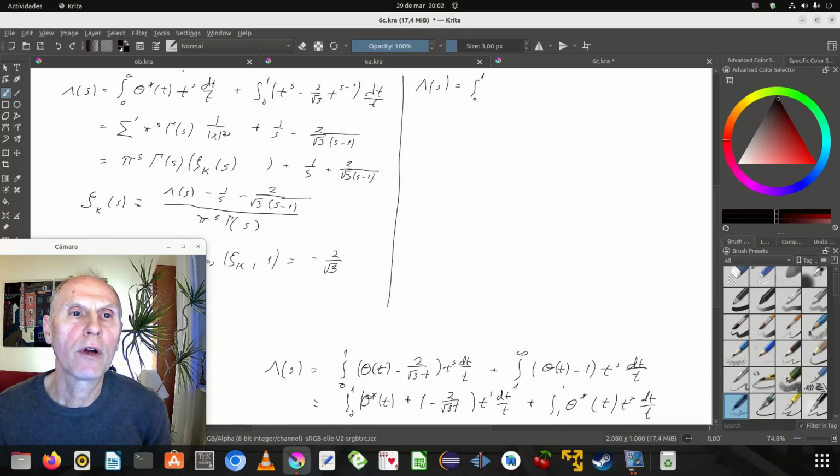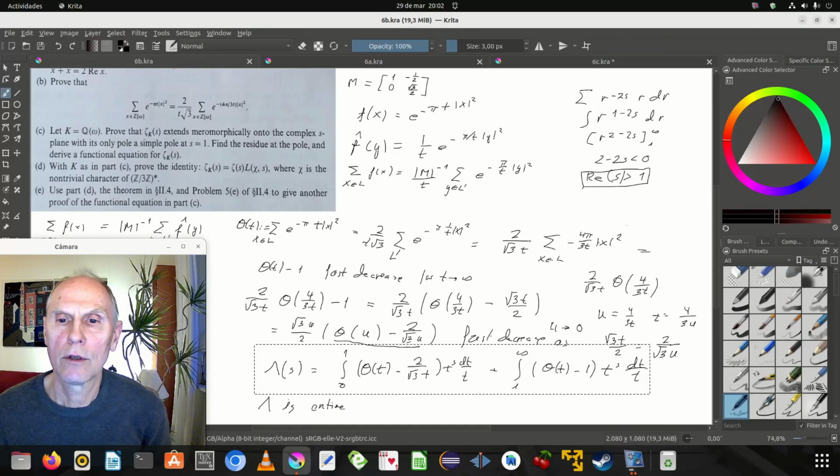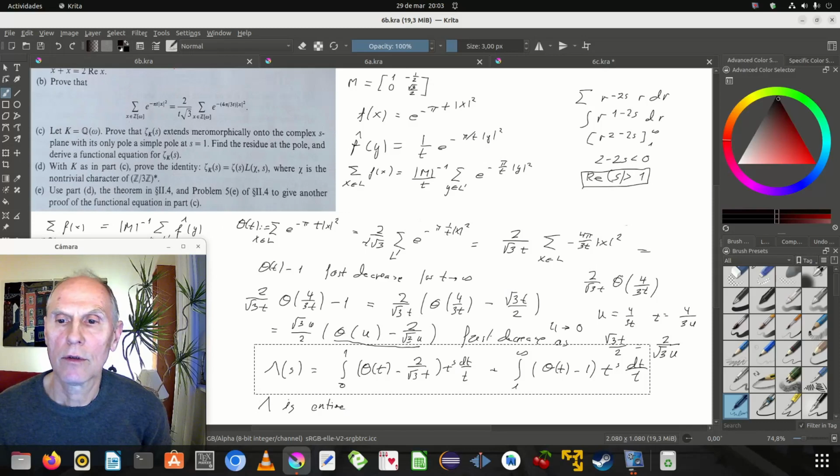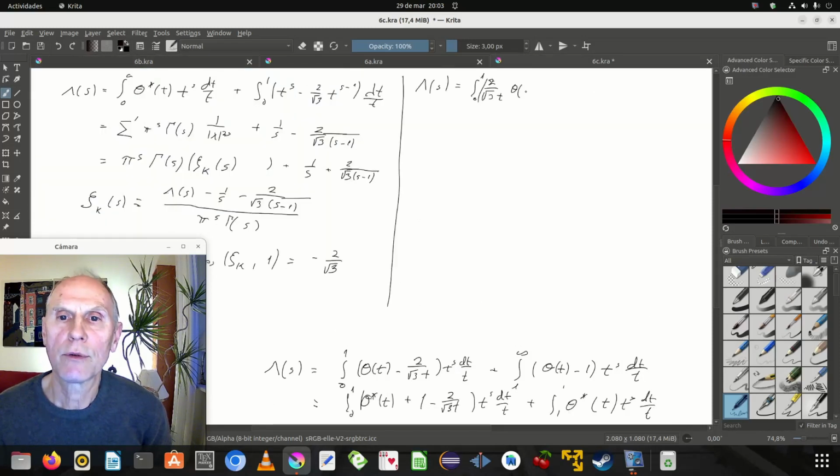So I've already forgot it. 2 divided by square root 3 t, theta of, and the same I believe, 4 divided by 3 square root 3, right? 3t, of course, yes.